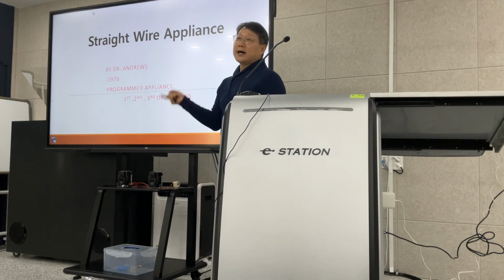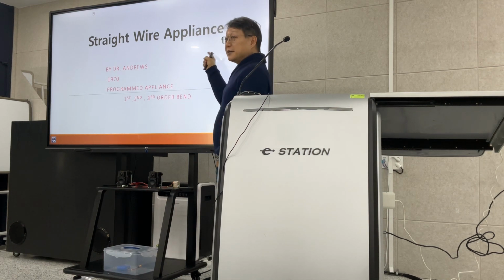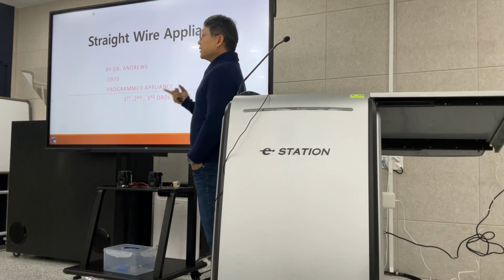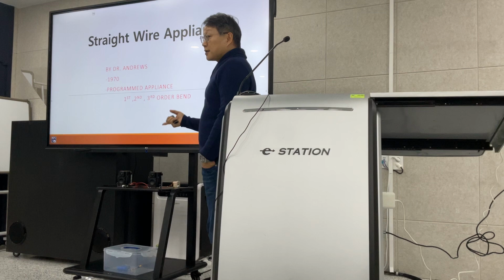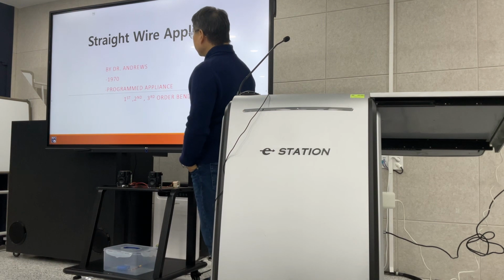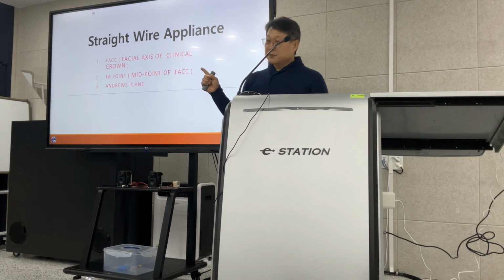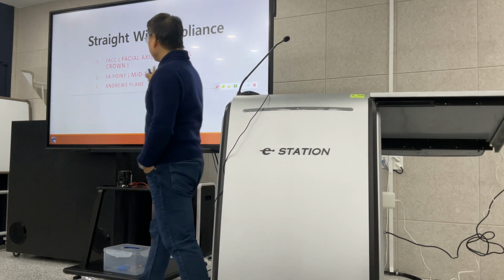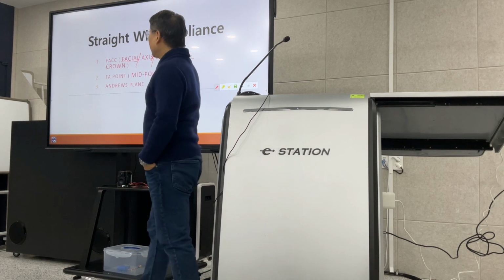So that's why, as you think about the straight wire appliance in 1970, he makes some journals, and why we need the concept of the straight wire appliance. After that, we have to learn this concept. This is the FACC, the facial axis of the clinical crown.